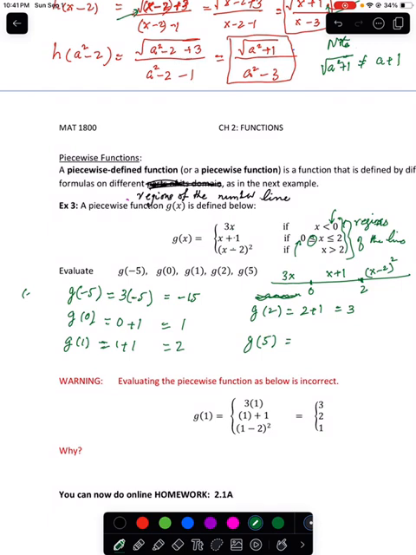So g of 5 will be (5 minus 2) whole squared, which means 3 squared, which means 9.